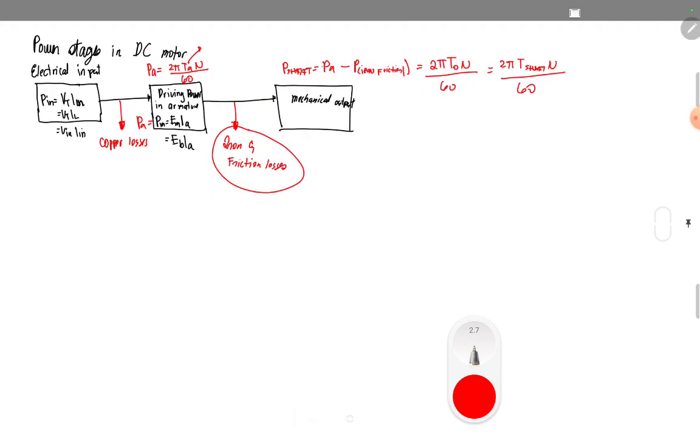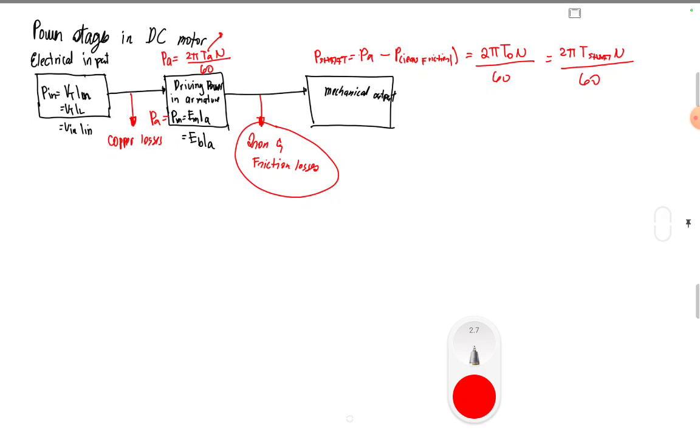Now, of course, there are efficiencies. As I have said in our previous discussion, our commercial efficiency or overall efficiency is equal to, for a motor, our mechanical output over our electrical input.